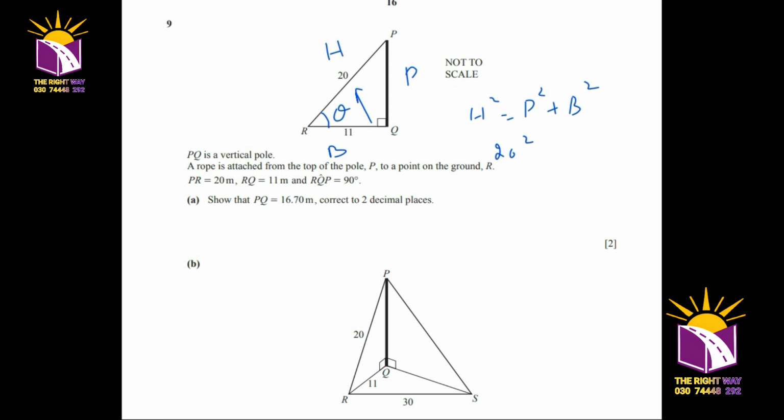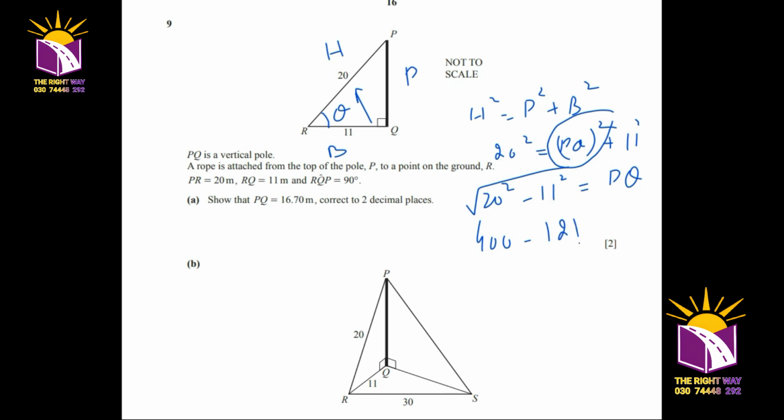Hypotenuse is 20 squared, the perpendicular I have to find, which is PQ squared, and the base will be 11 squared. So the square root of 20 squared minus 11 squared will be equal to PQ. Why take the square root? Because PQ has a square on it, and to remove the square we take the square root. So 20 squared will be 400, 11 squared is 121, square root.